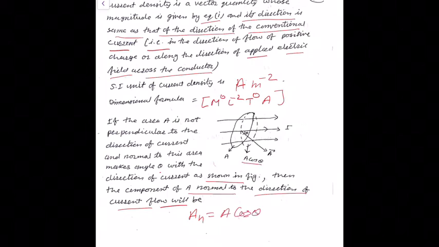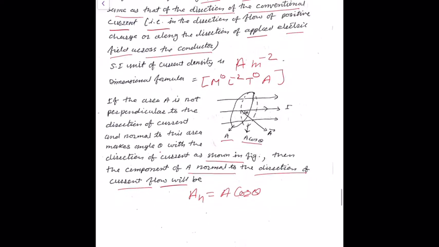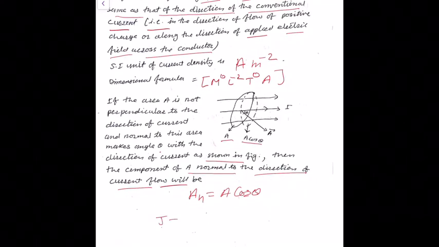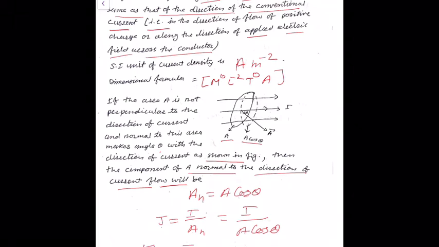Here A cos theta is horizontal component of A. Therefore, current density J is equal to I upon An, or I upon A cos theta, or I equal to J A cos theta, or I equal to J vector dot A vector.